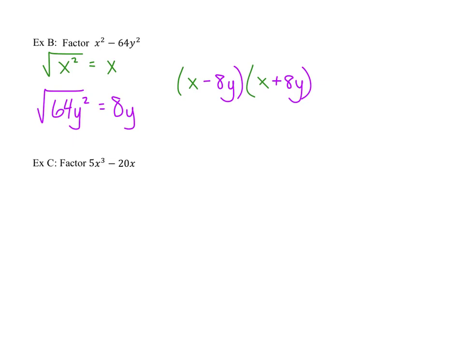So first I want to take out the greatest common factor. What can 5x to the third and negative 20x divide by? I'm just writing greatest common factor while you think. So what is the greatest common factor? It's 5x.